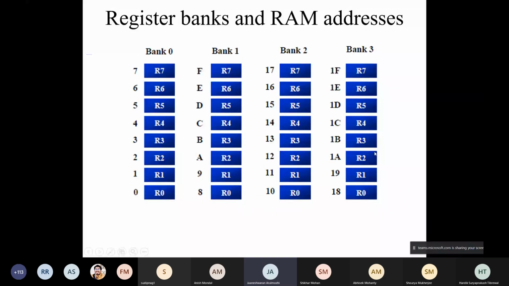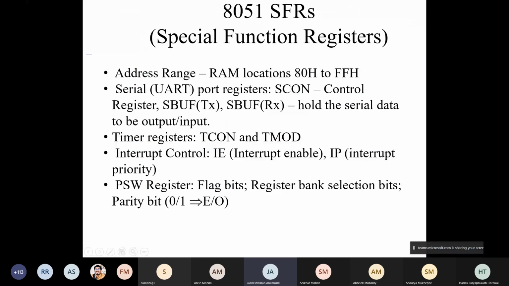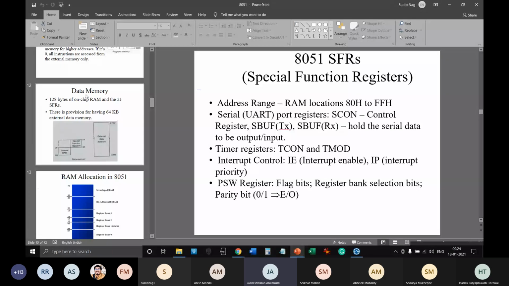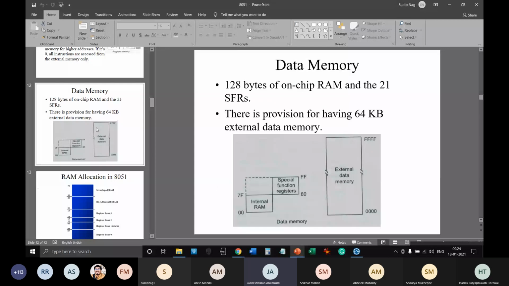Yeah, question? Yes, sir. You told that there shouldn't be any conflict while we are accessing external data memory and program memory. Yeah. But there are certain control pins that work only when reading from program memory, and some control pins that work only when accessing external data memory, right? So there shouldn't be any conflict.